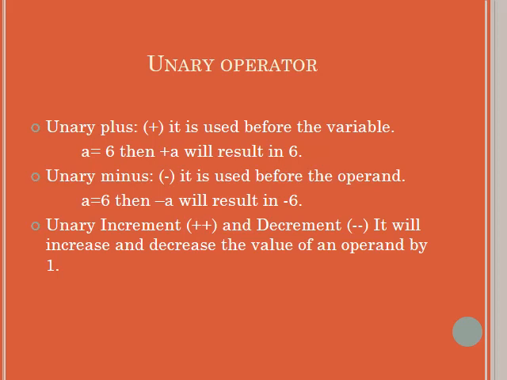Unary increment, ++, and decrement, --, will increase and decrease the value of an operand by 1. Take one example: a++ means the value of a will be increased by 1, and a-- means the value of a will be decreased by 1.